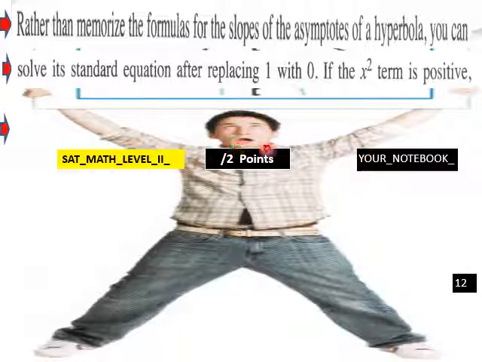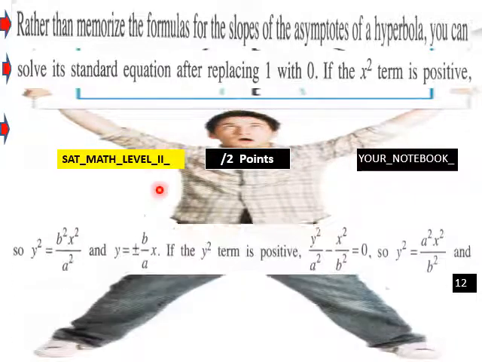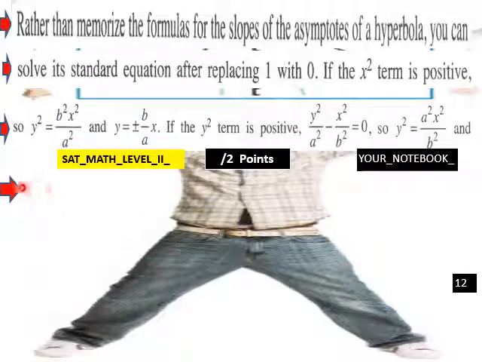If the y squared term is positive, so y squared over a squared minus x squared over b squared equals 0, then y squared equals a squared x squared over b squared, and y equals plus or minus a over b times x. This is just another way of looking at these relationships, kind of like an extension of the standard lessons about hyperbolas.